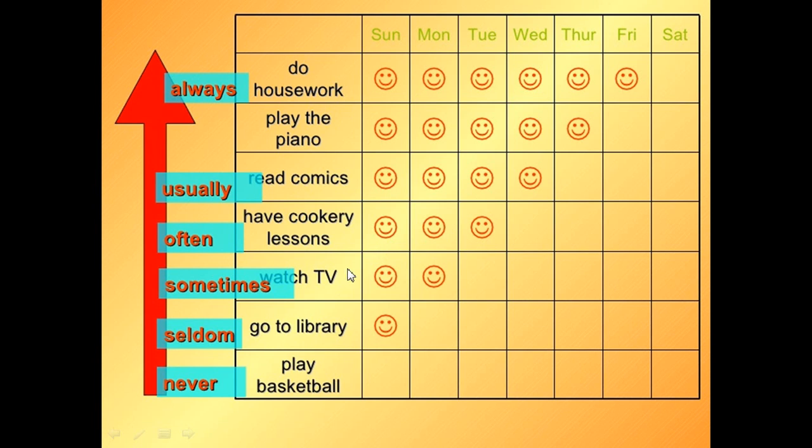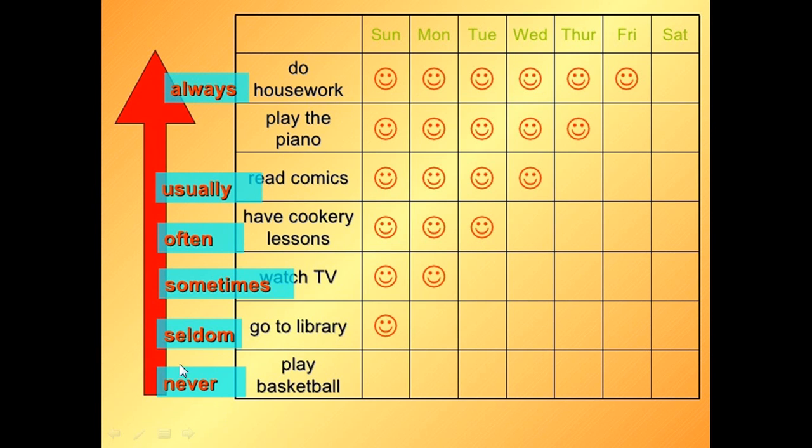Sometimes she watches TV on Sunday, Monday. Seldom means very, very rare. She goes to the library only on Sunday. Basketball is never. She never plays basketball. She has never played basketball before. As you can see, she didn't play any basketball through the whole 7 days of the week.